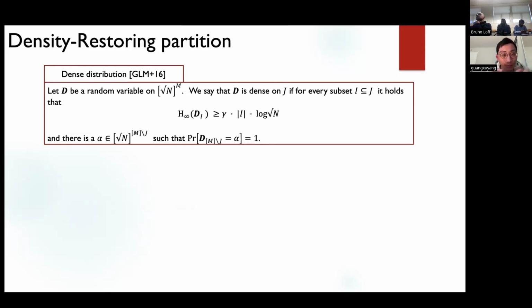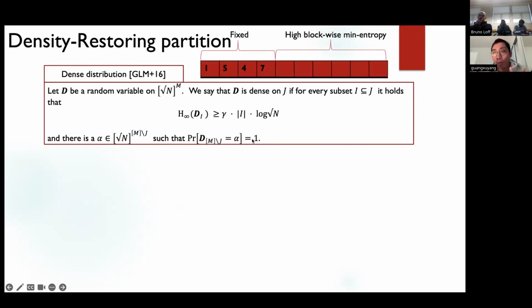A distribution D is dense on some set J if, for any subset of J, it has high min-entropy, and for the part not in J, there is a fixed value. That is, on J they have near-maximal min-entropy, and on the other part they are fixed.